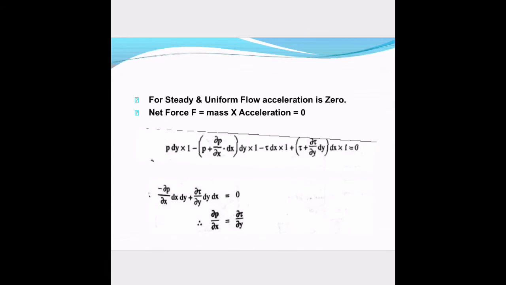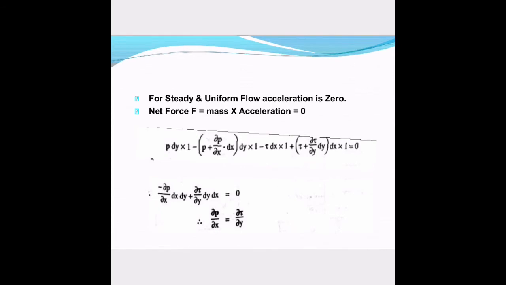Okay, what will happen for steady and uniform flow? Acceleration is 0 and net force F will be 0. That is, mass into acceleration equals 0. In this equation, the acceleration is 0, so the net force, the resultant force, will be 0. So the equation becomes P into del y into 1 minus.